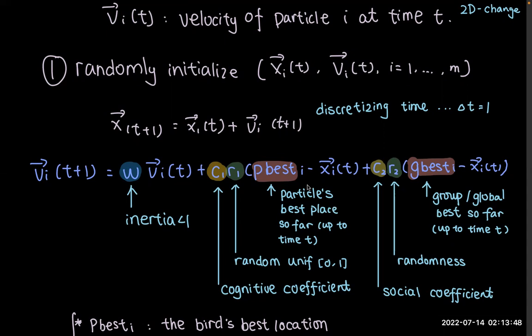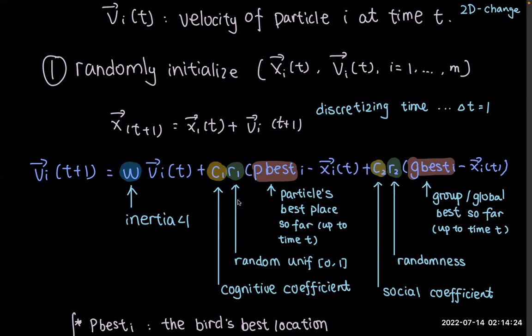Let p_best_i be the best place that bird i has visited up to time t. Here this is a 2D position, and this is the 2D current position. And c1 is a constant, a parameter in this model, called the cognitive coefficient. That is, whether this bird recognizes or remembers the best place it has visited.